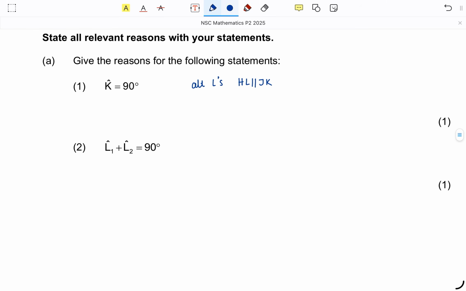So our reason would just be angles in same segment.